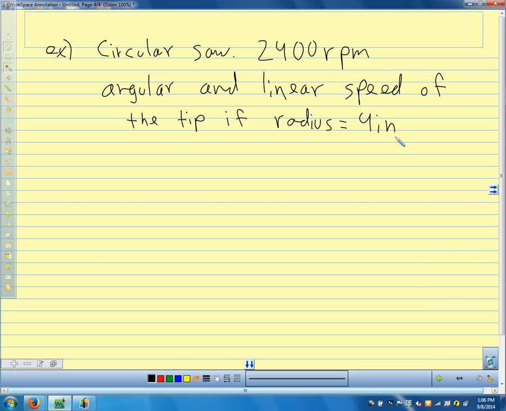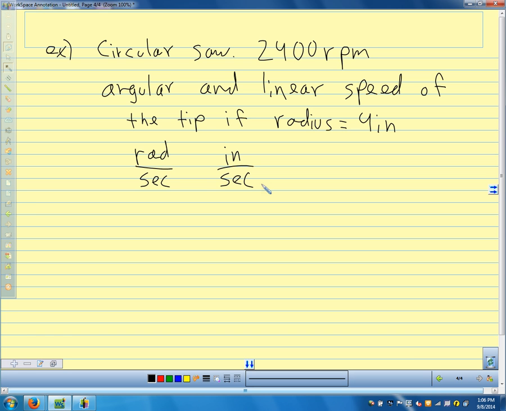We have this 4-inch circular saw blade rotating at 2400 RPMs, and we want angular and linear speed, and we want our units to be radians per second and inches per second. So the problem wants us to find it in these units.